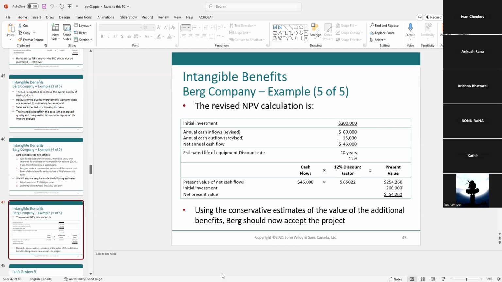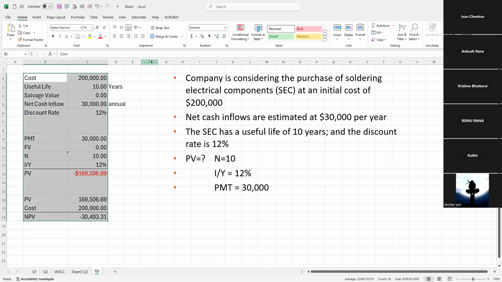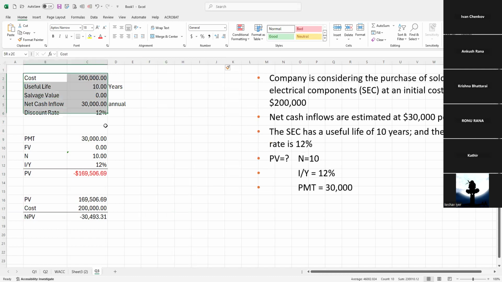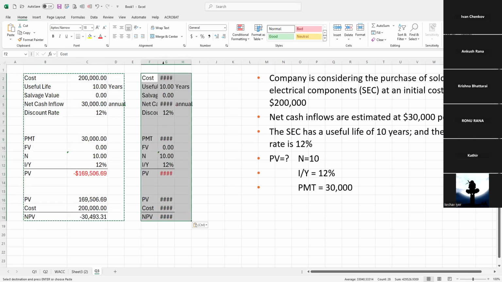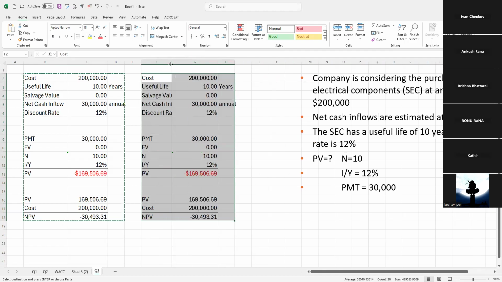So if we go to our calculation and increase that amount: initially it was 30,000, but now with the new changes, they're estimating we're going to get 40,000. Let's put it here. Now the new cash that we're getting is not 30,000, it's now 40,000 per year.